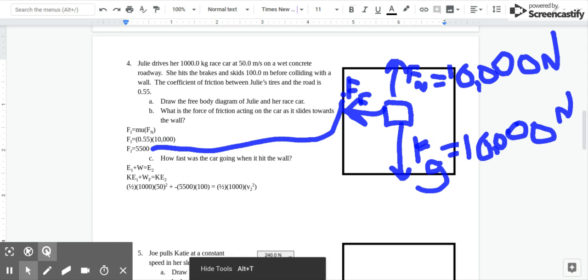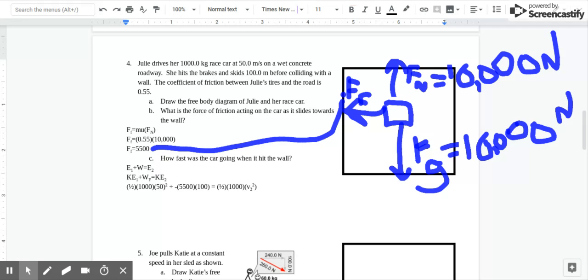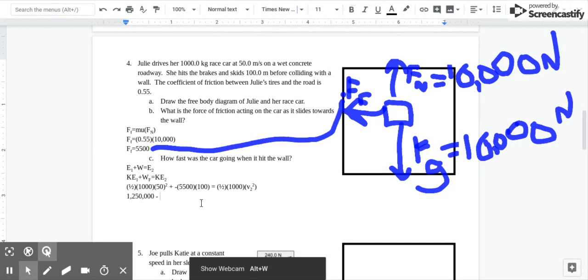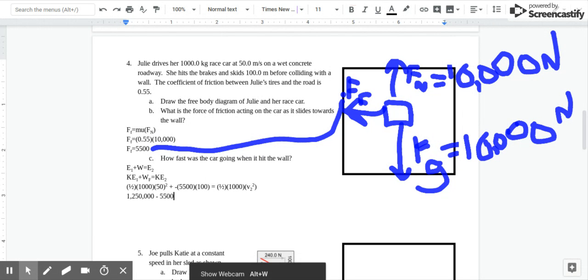So over here, we've got 1/2 of 1,000 is 500. 50 squared is 2,500. So 2,500 times 500. I'm going to use the calculator for that. 1,250,000. Then we have to subtract 5,500 times 100. So that's 550,000.